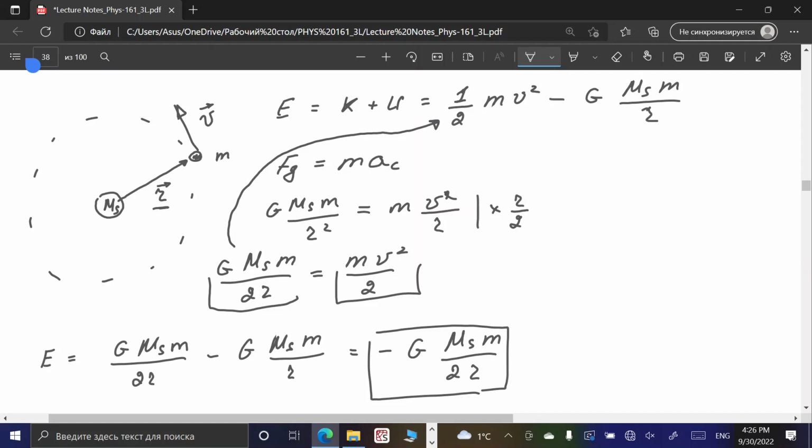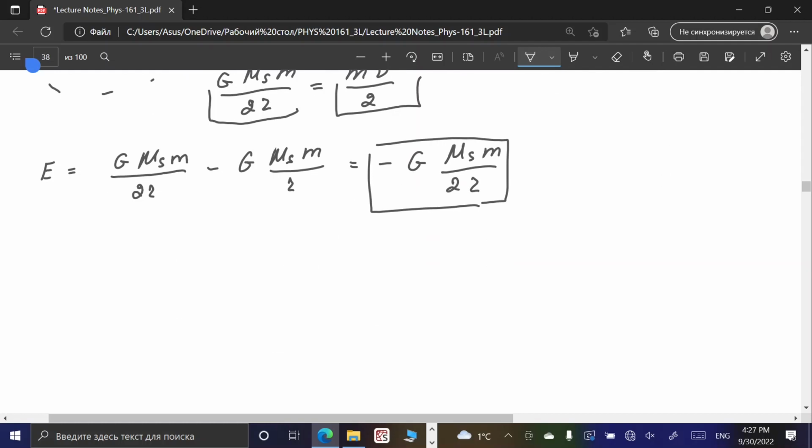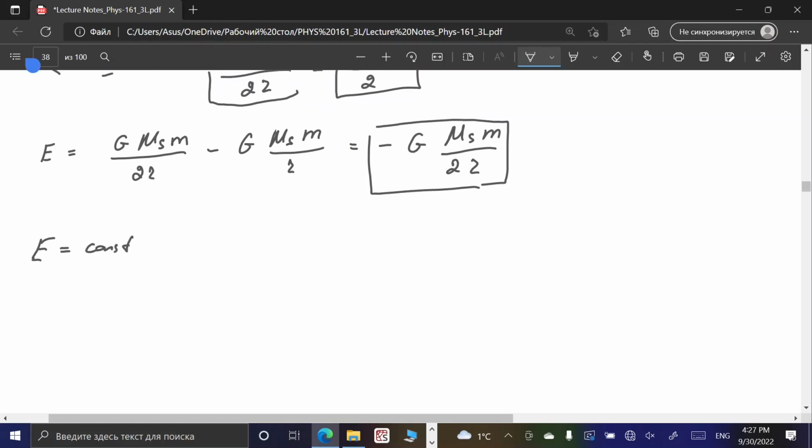Because if we have some initial condition, let's say we keep in mind that total mechanical energy is a constant. So we have the initial total mechanical energy, 1/2 m v initial squared, not plus but minus potential energy, which will be G Ms m over r initial.